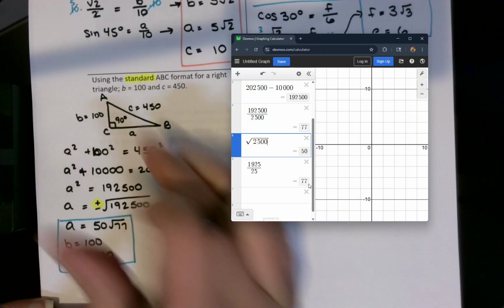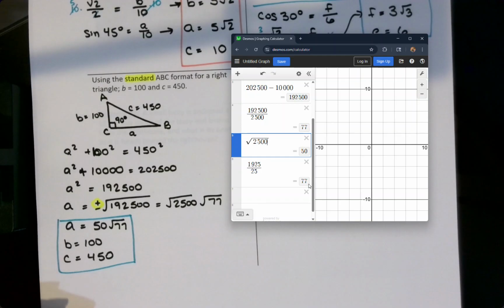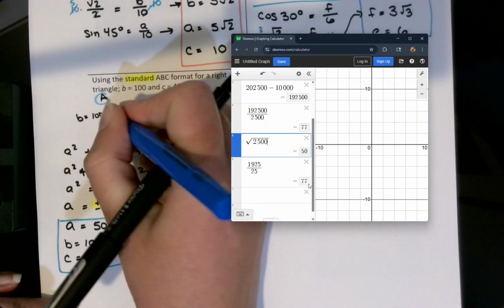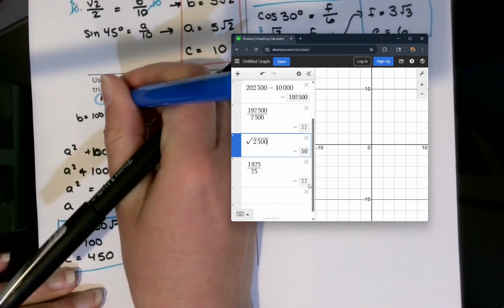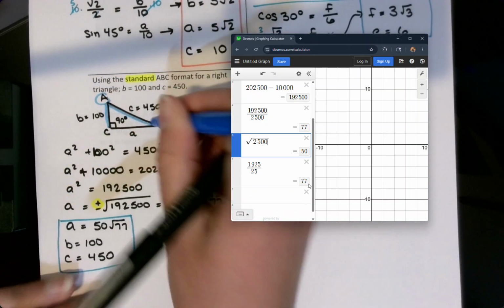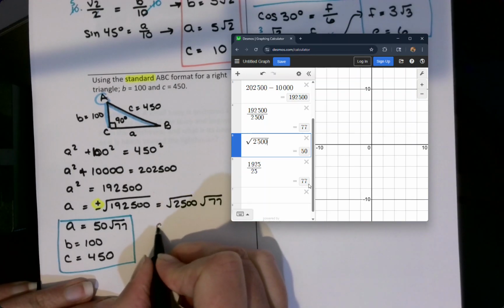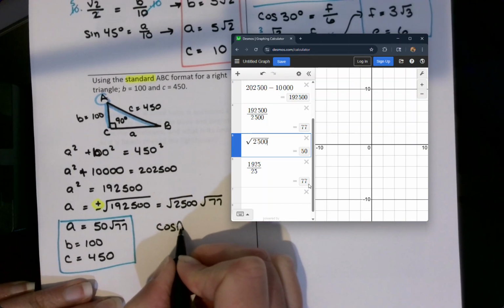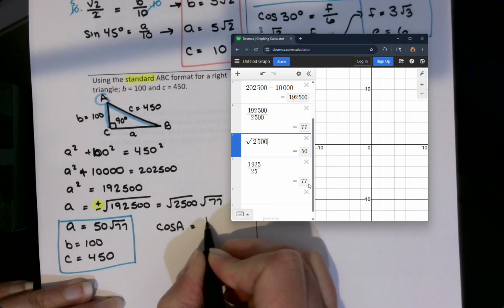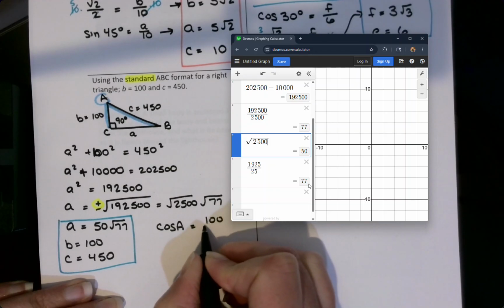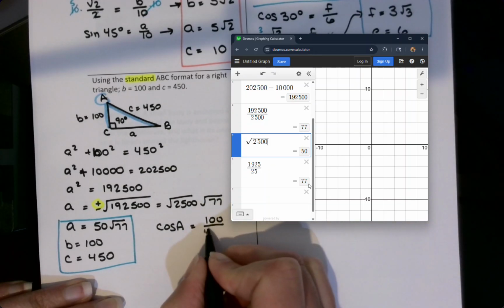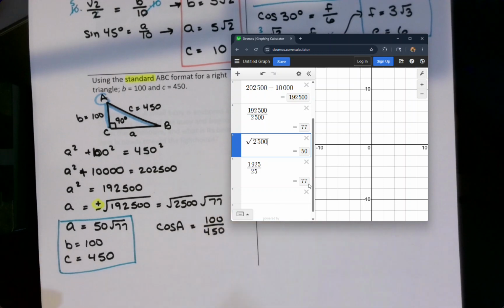So let's say I find angle A. And for angle A, that's the one I'm looking for first right here. B is its adjacent, and C is its hypotenuse. So that would be a cosine function. So I'm going to start with saying that the cosine of A would be equal to the fraction 100 as the adjacent over 450 as the hypotenuse.